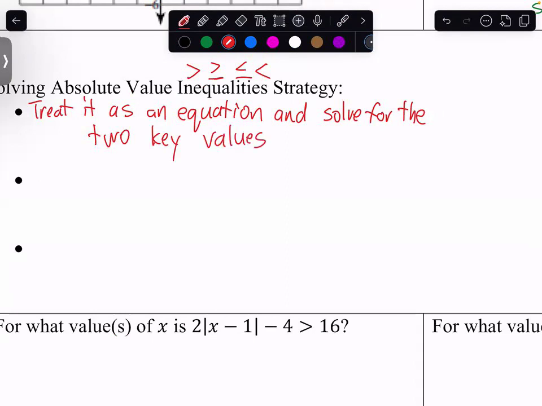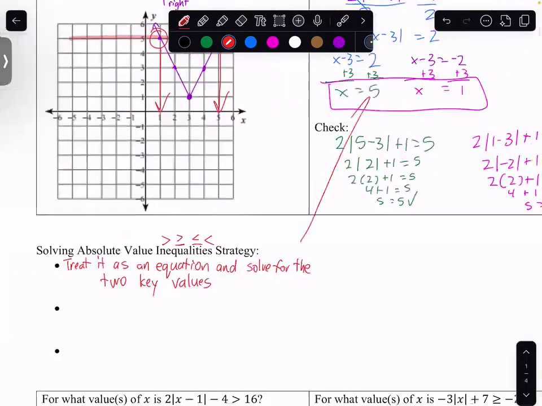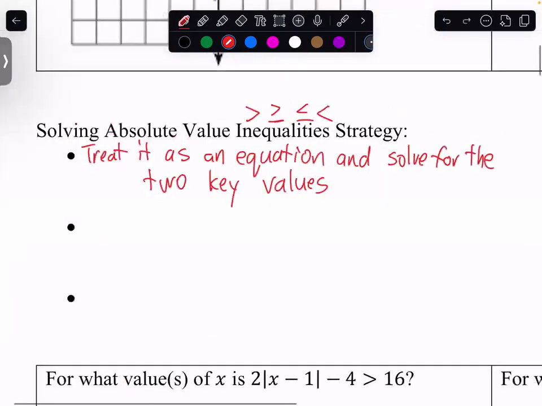You're going to solve for what we'll call the two key values. In the previous warm-up example, the two key values were 5 and 1. It'll change from problem to problem, but you'll start by doing exactly what you did for that last warm-up problem. You'll do inverse operations until you've gotten x equals two numbers.